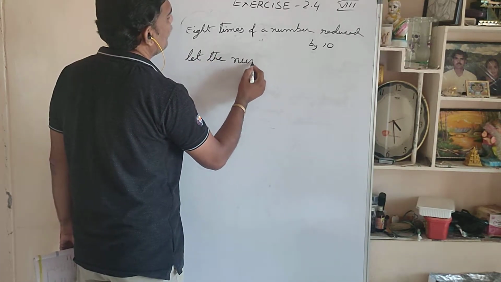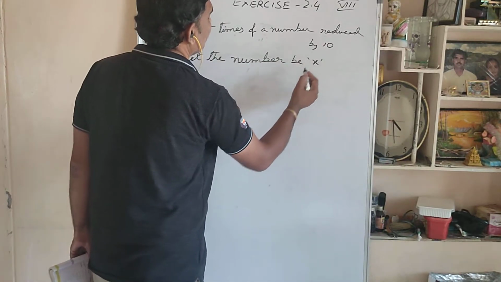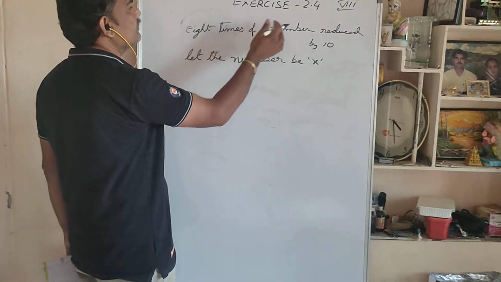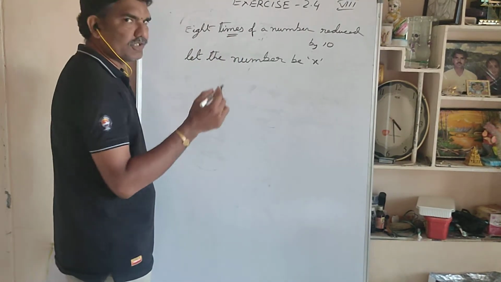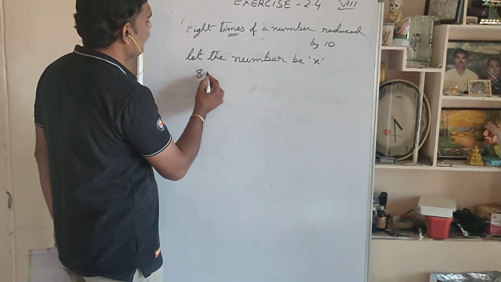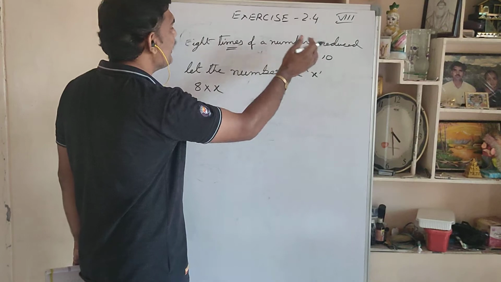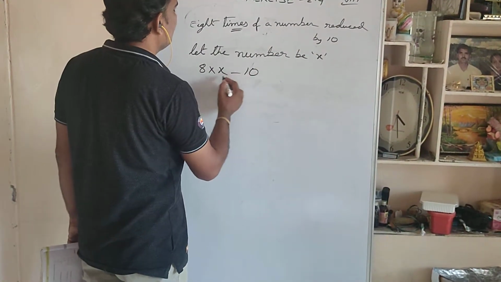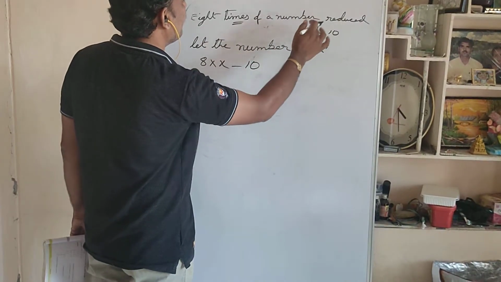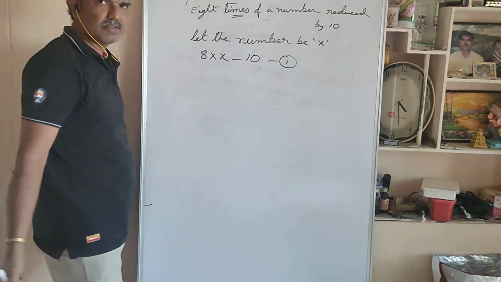You are assuming that the number is x. So 8 times of a number: 8 times means multiplication. 8 times of a number means 8 into x. 8 times of a number reduced means decreased. By how much? 10. So 8 times of a number reduced by 10 means 8x minus 10.